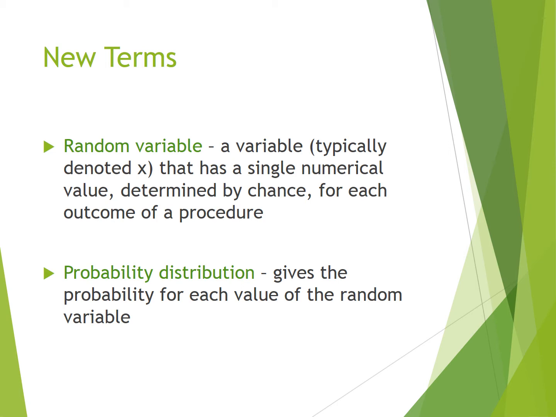The probability of having 2 girls is 3/8. And the probability of having 3 girls out of 3 children is 1/8. So the probability distribution is each possible value of the random variable along with its associated probability.